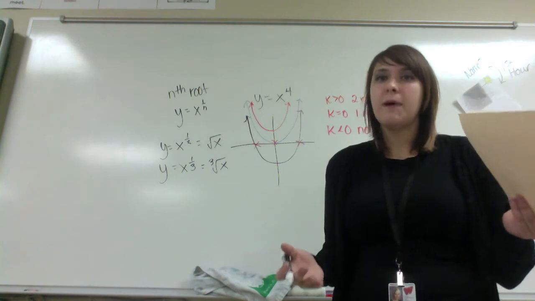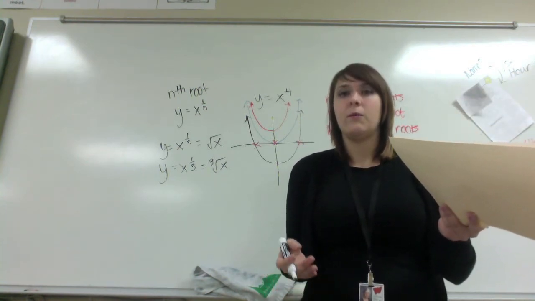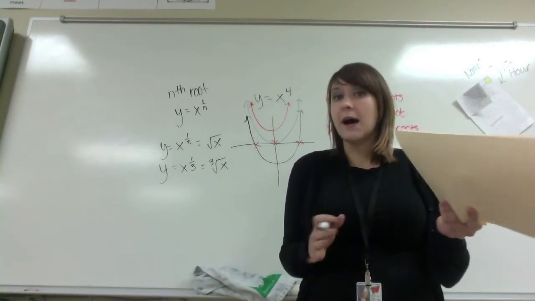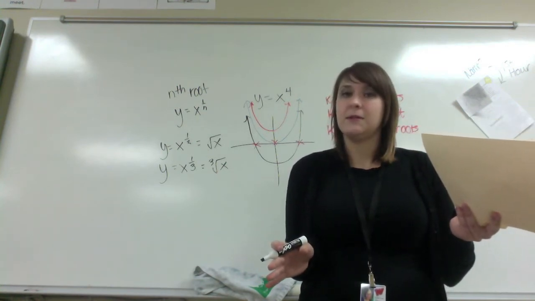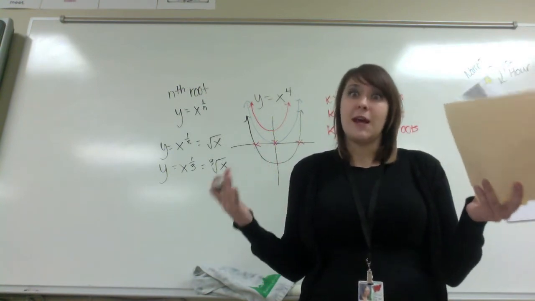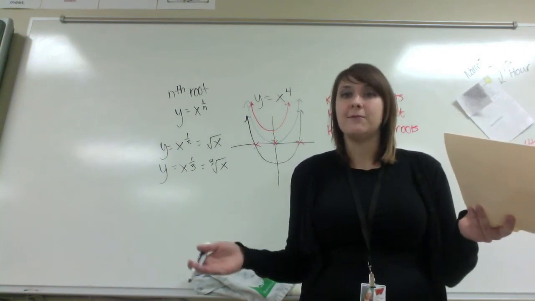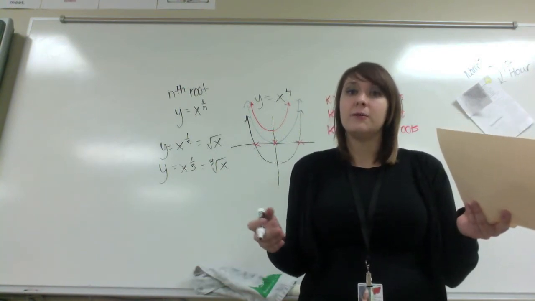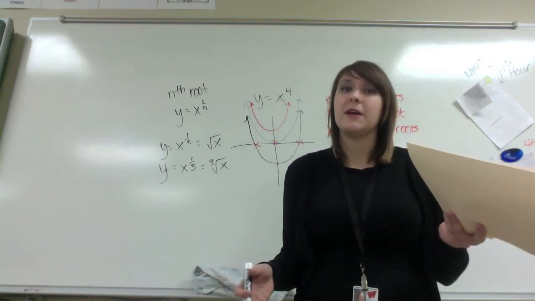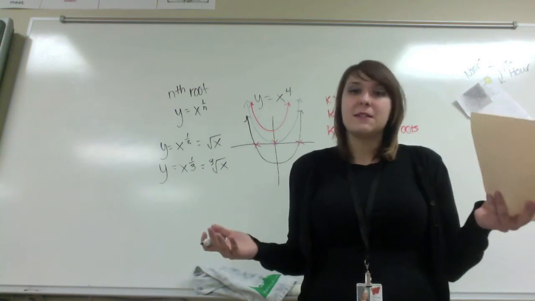So with odd powers and odd roots, I can have negative numbers, whereas with even powers and even roots, you cannot have negative numbers. So think about it this way. If I take -2 squared, -2 squared is +4. So if I take the square root of 4, I would get a +2. The square root of -4, that doesn't exist.